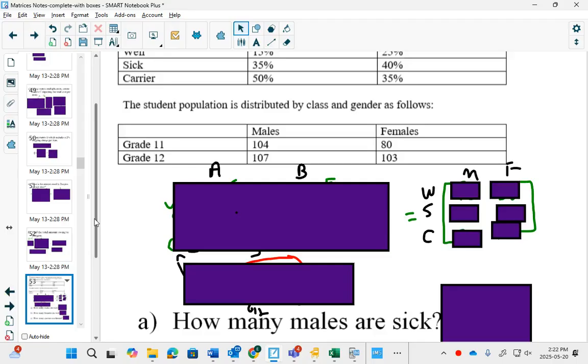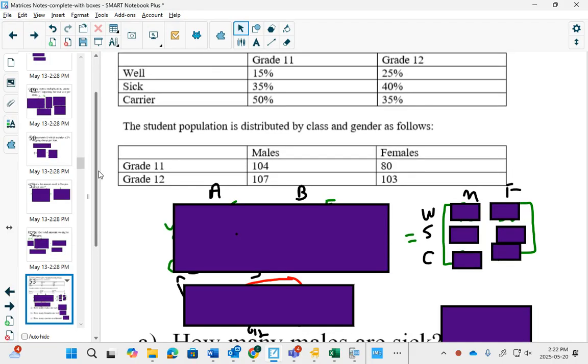How many males are sick? I guarantee you could figure this out with this data, right? 35% of grade 11s are sick, so 35% of those are sick. Well, we're making a little bit of an assumption that the percentages are spread out evenly.